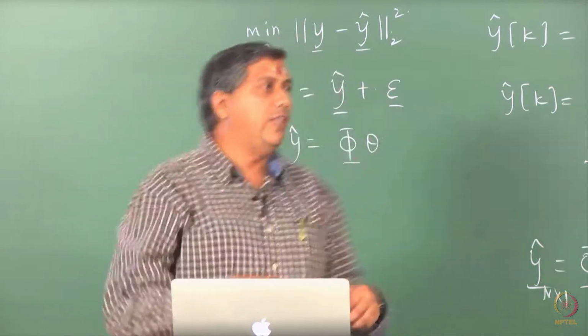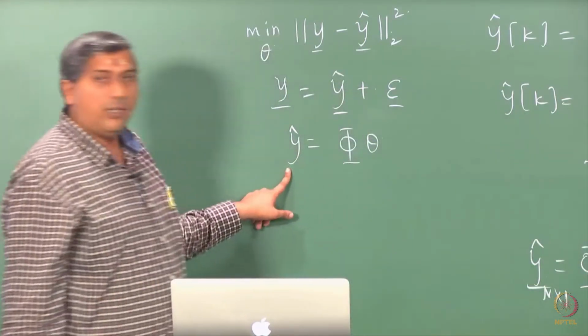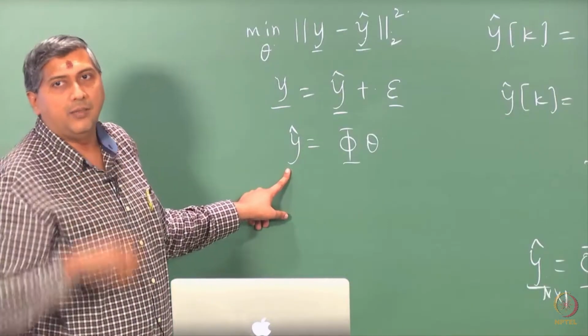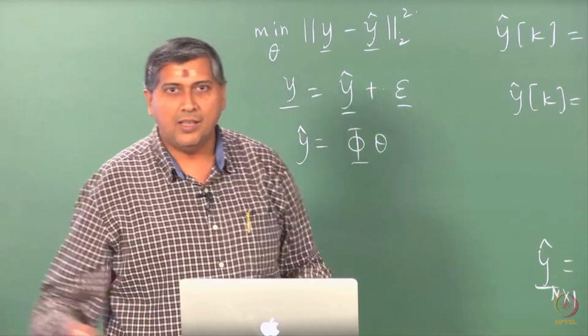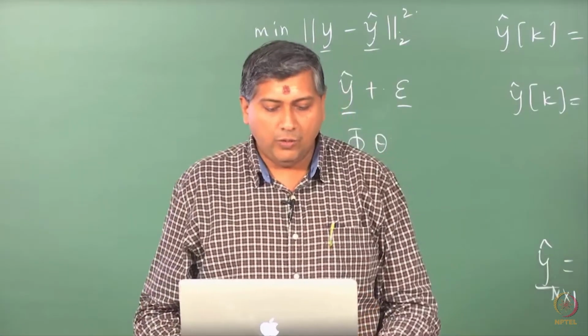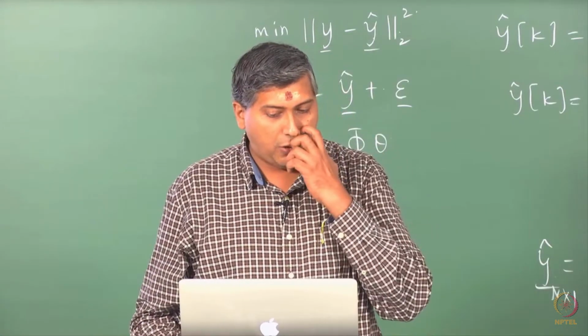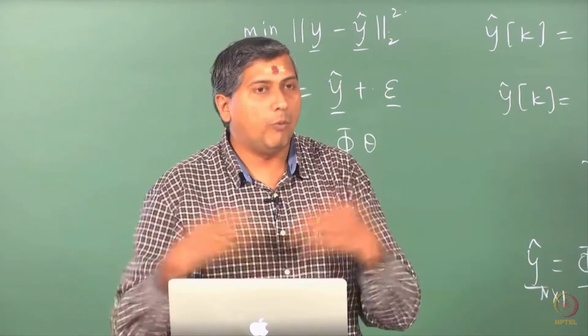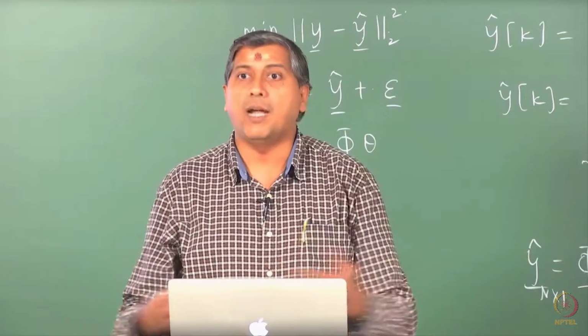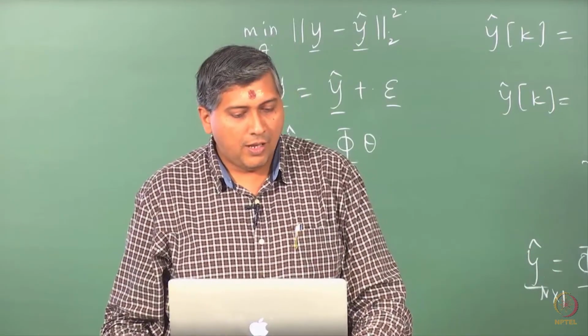Y hat is in the space of regressors, and therefore, we require that for the solution epsilon be orthogonal to each of those regressors, because y hat is spanned by those regressors. That is it.